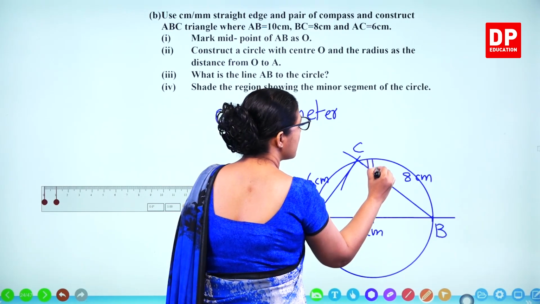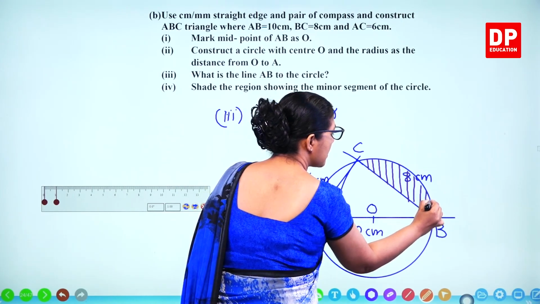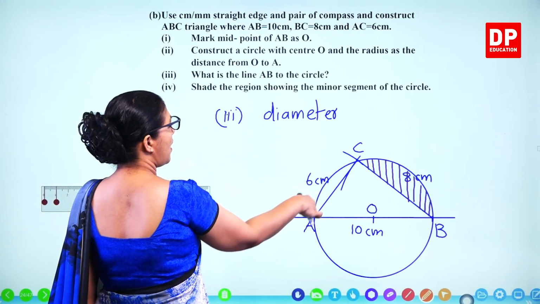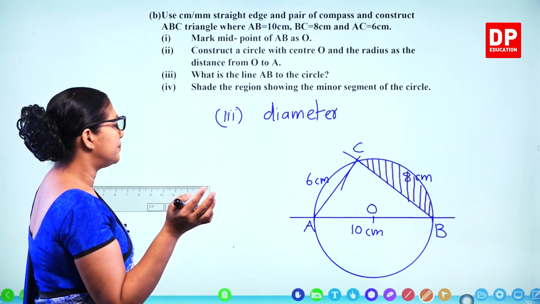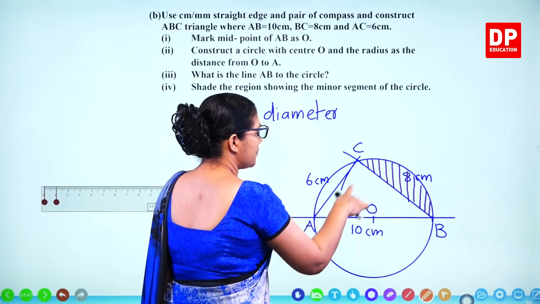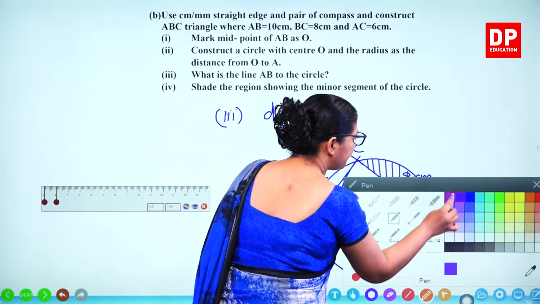So this part is the minor segment, or you can take this part as well. You get marks for that, either this or that.